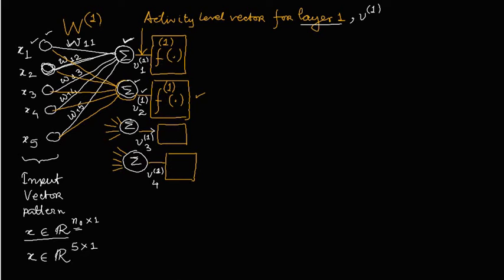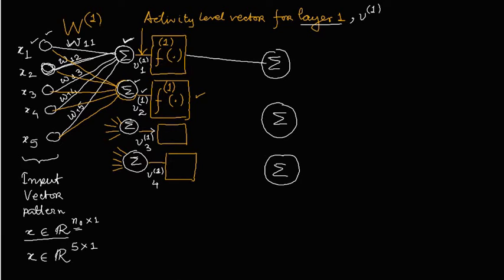Similarly, the outputs of these activation functions will pass on to another set of summing nodes. Here we assume that they are 3 in number. We will get a weighted sum here also. The outputs of the activation functions will come to this, to this, and to this. The nomenclature corresponding to the weights will be the same as we have discussed here.